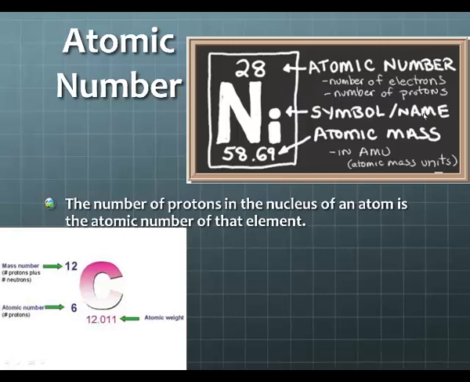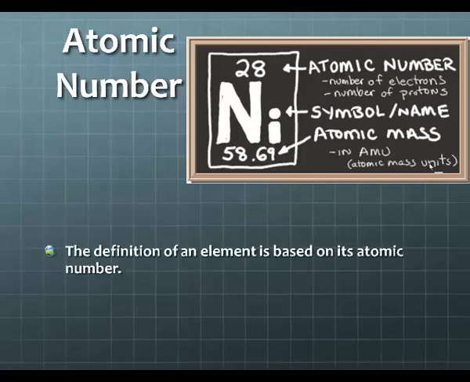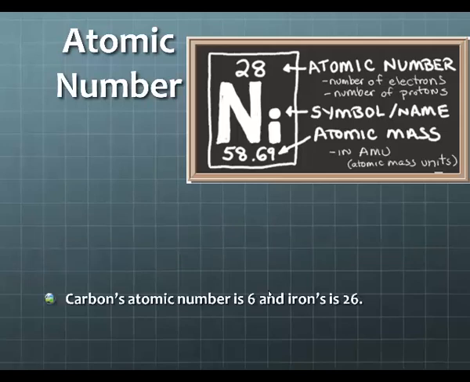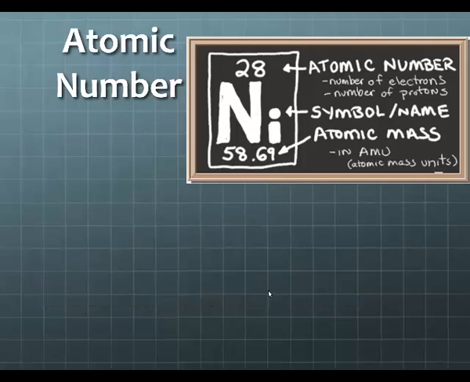The symbol, the name, the atomic mass, and it is written in AMUs or atomic mass units. The definition of an element is based on its atomic number. Carbon's atomic number is 6 and iron's is 26, as previously mentioned.